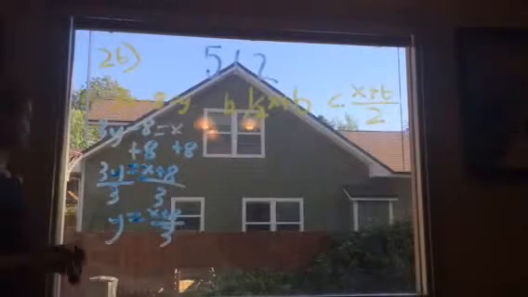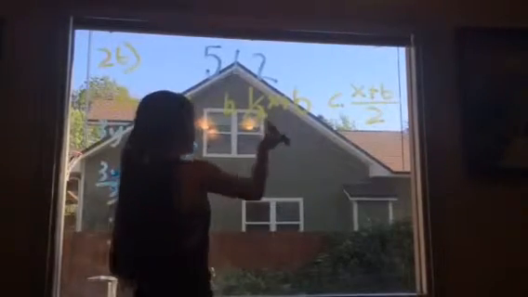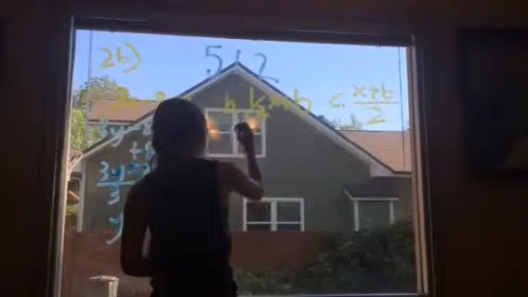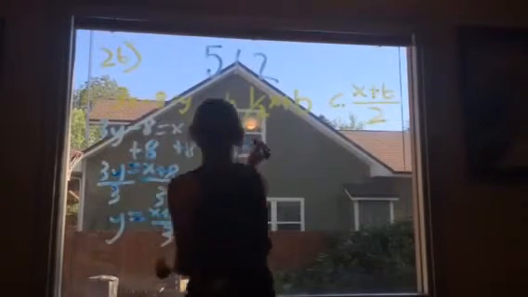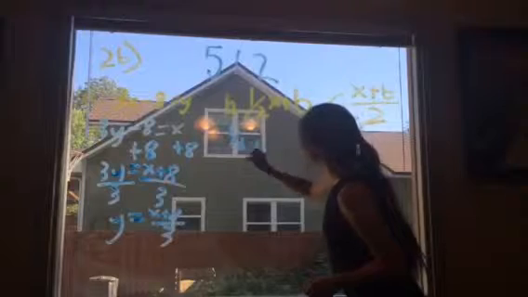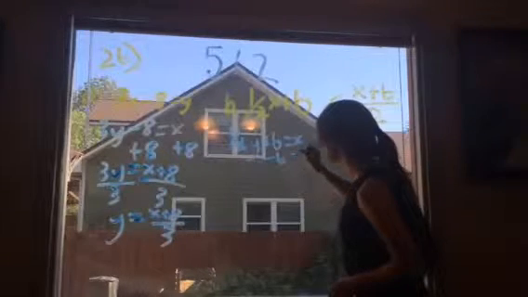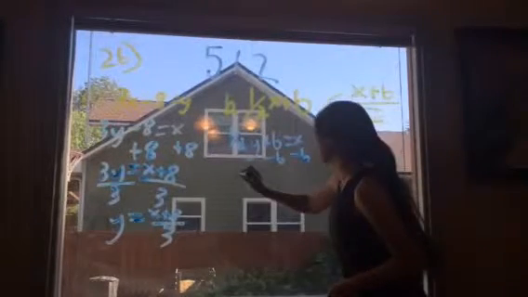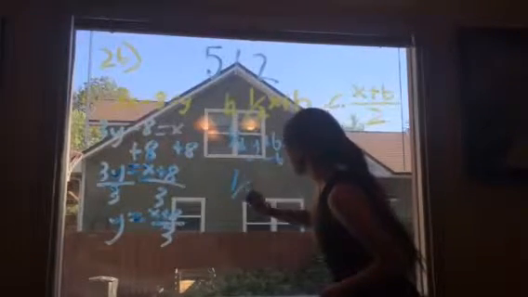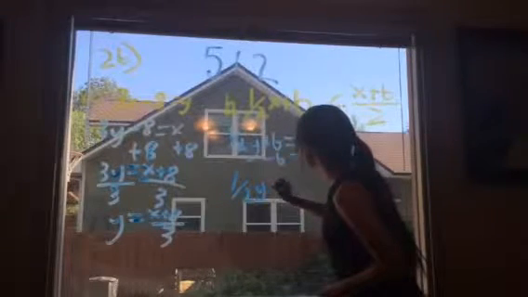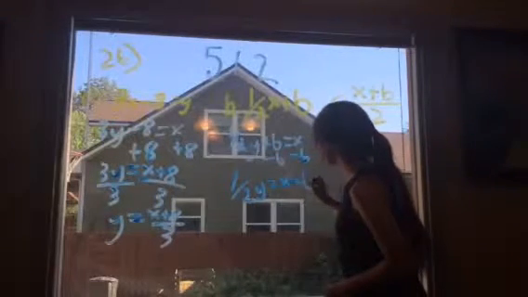For B, we're going to do the same thing and substitute x and y. So it would be 1/2 of y plus 6 equals x. You're going to subtract the 6, and you have 1/2 y equals x minus 6.